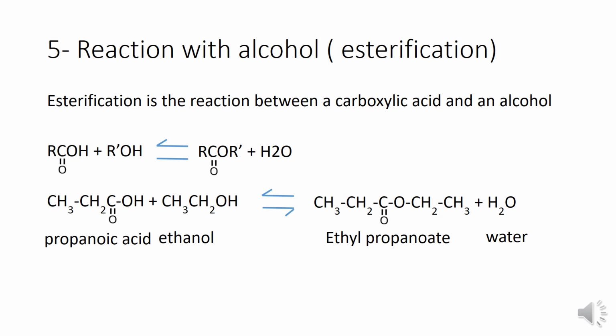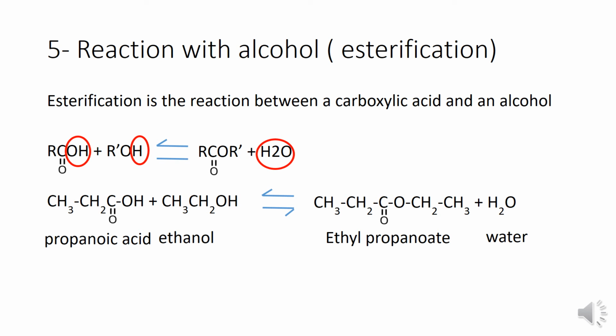Now, let's see what's going on here. The OH of the carboxyl group reacts with the H of the hydroxyl group of alcohol, and water is eliminated. It will be formed in the products along with the ester.